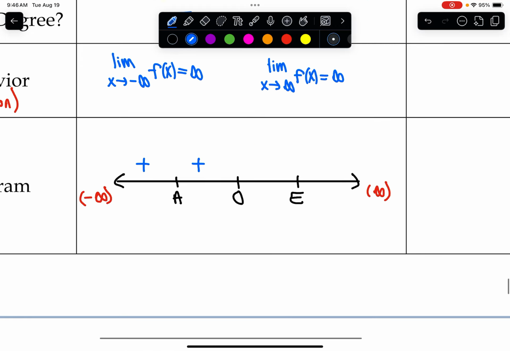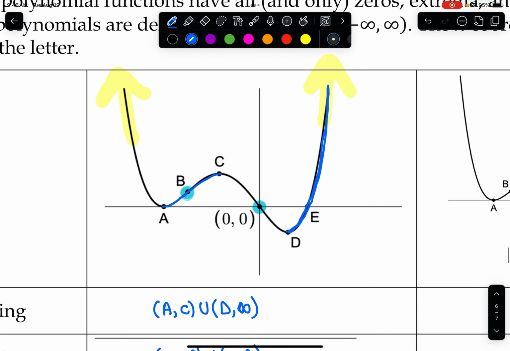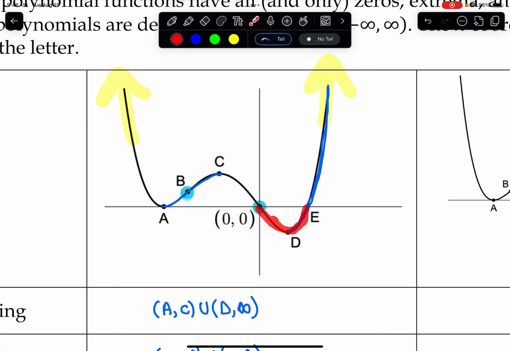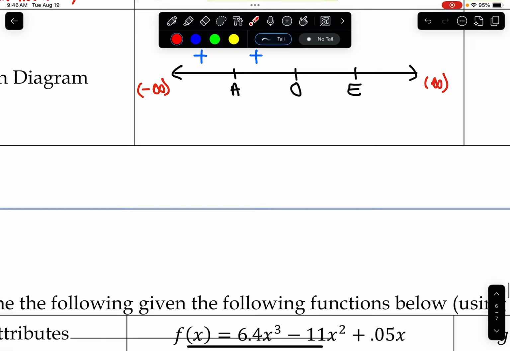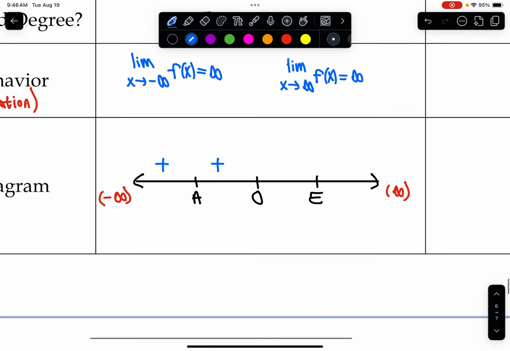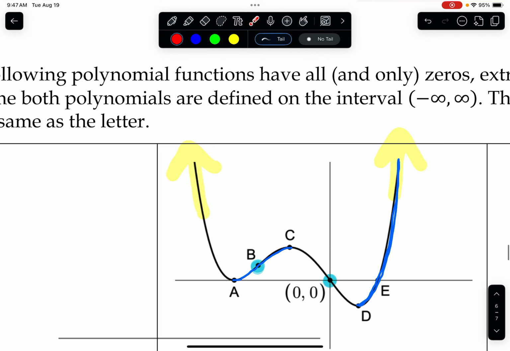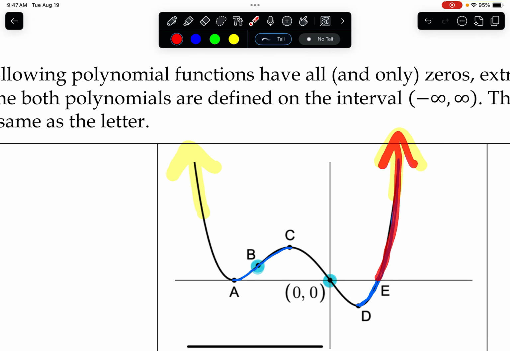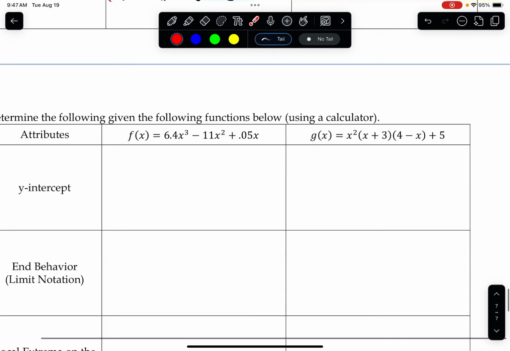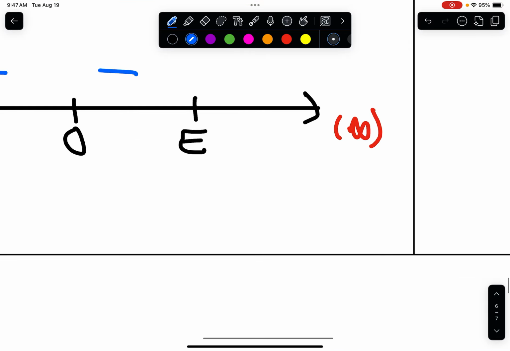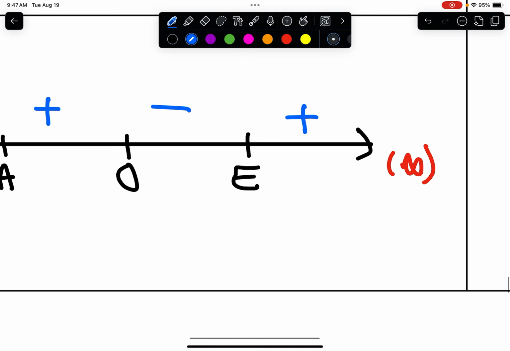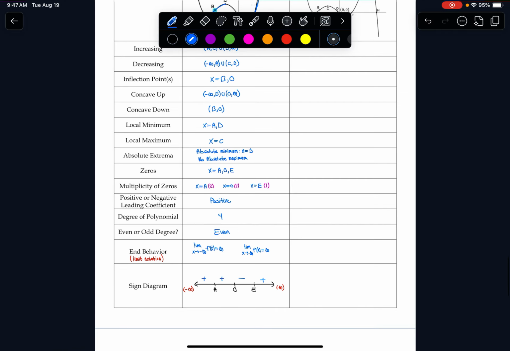And then from 0 to e, I'm below the x-axis, which means I'm negative. And then from e to infinity, if I look at my graph, we are positive. We're above the x-axis. Ta-da! So here's a lot of the attributes.